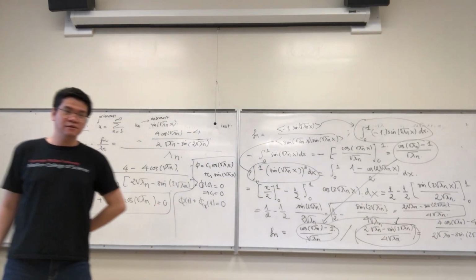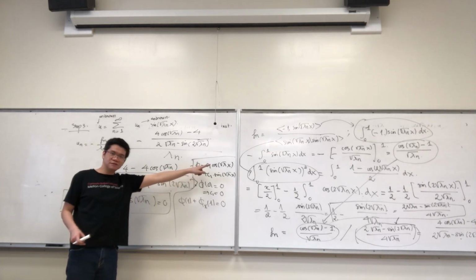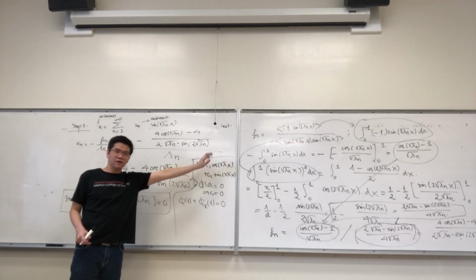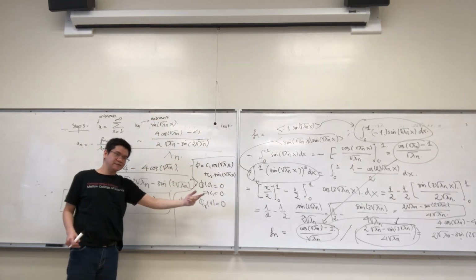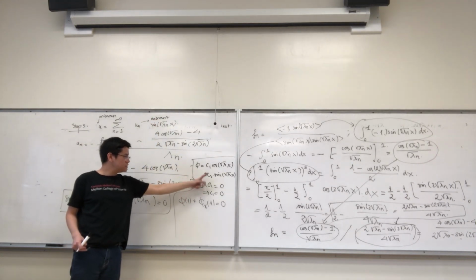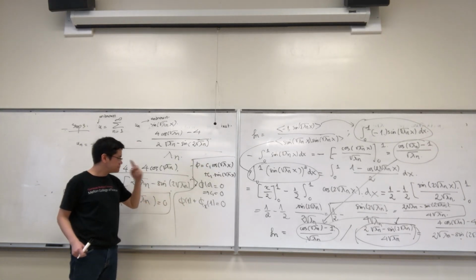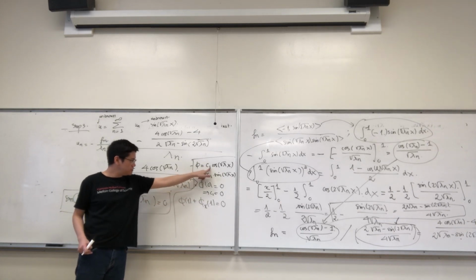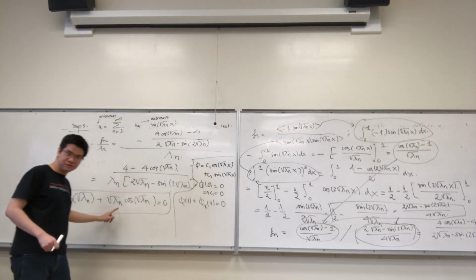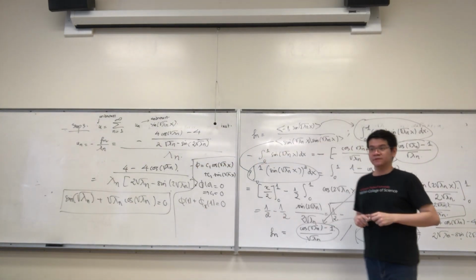In step 3, because lambda is positive, you have two roots that are complex, which gives you this general form of the solution. Then you plug into the boundary conditions. The first one gives you C1 is 0, and the second one gives you this one. Other questions? Is it clear?